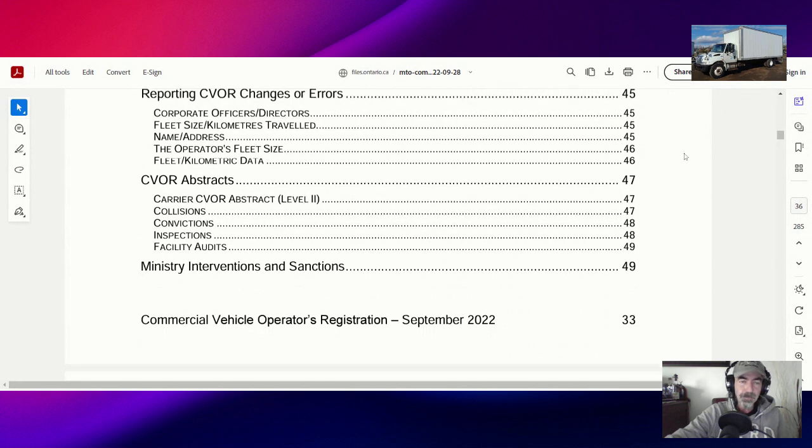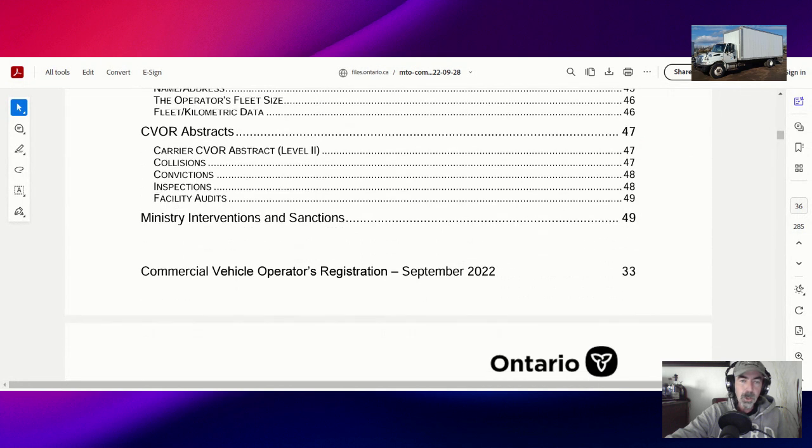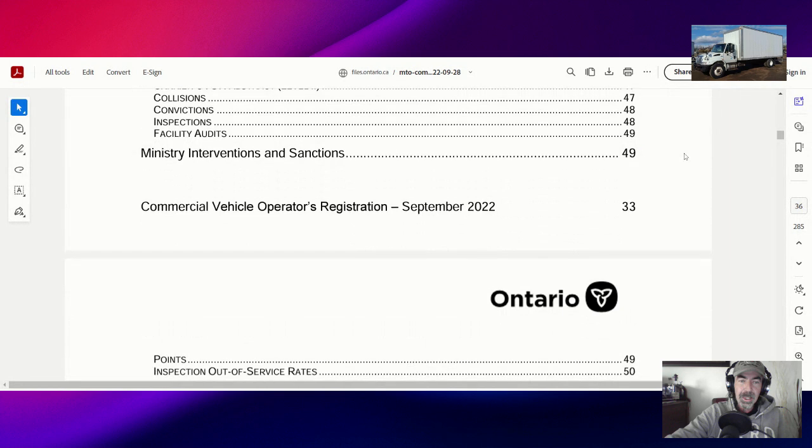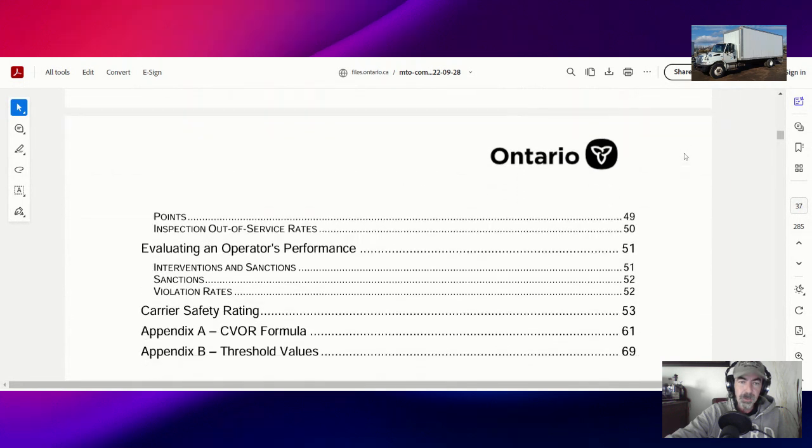Fleet/kilometric data. CVOR abstracts. Carrier, CVOR abstract, level 2. Collisions, convictions, inspections, facility audits. Ministry interventions and sanctions.